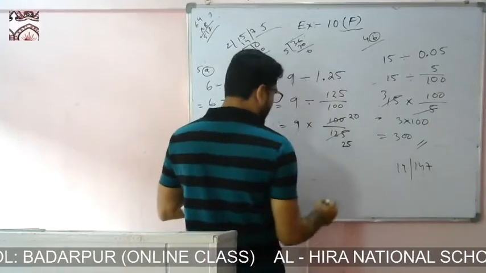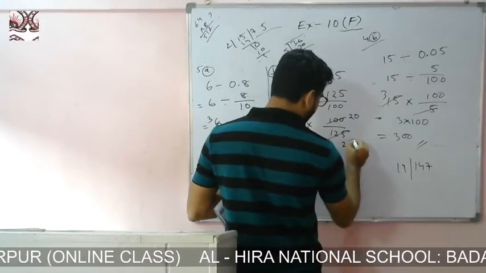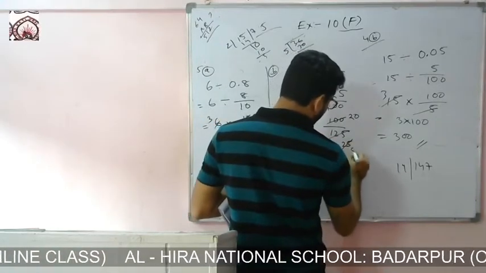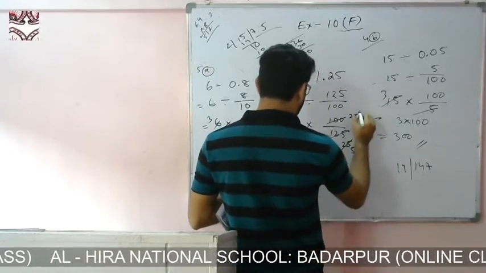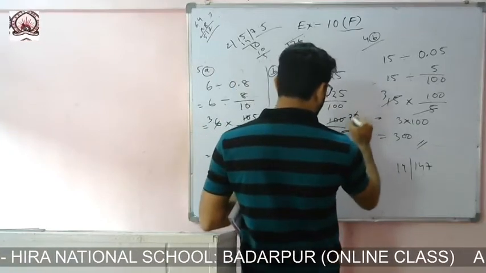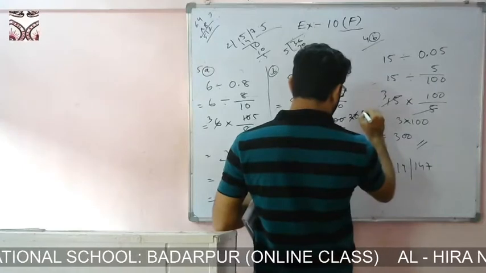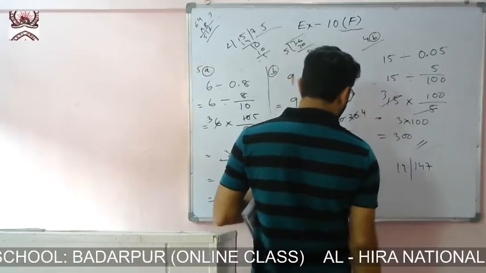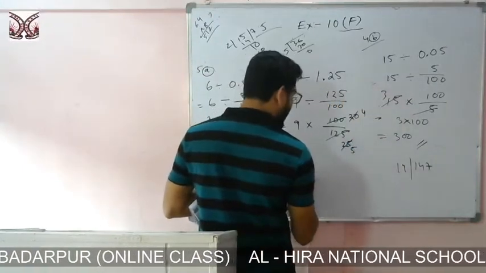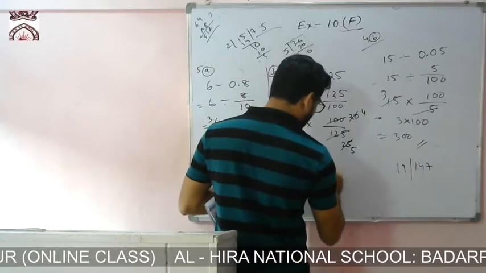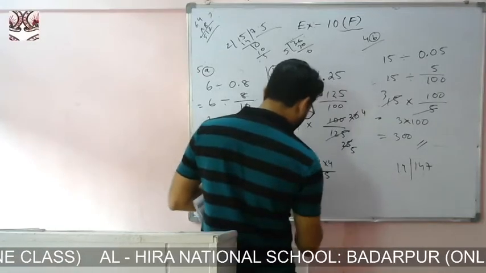Then again, 5 into 5 and 5 into 4. Now again, 9 into 4 by 5.